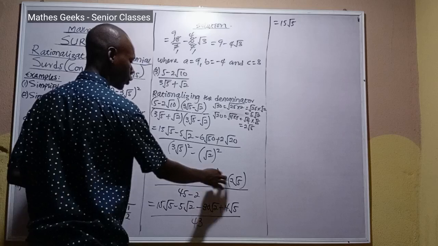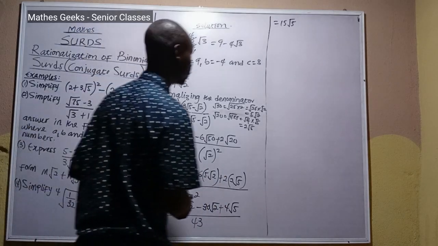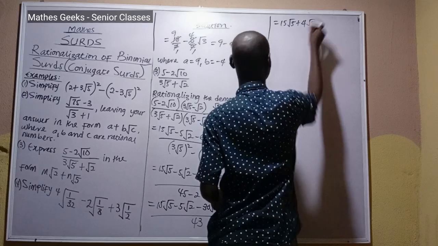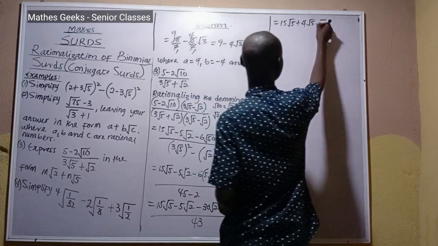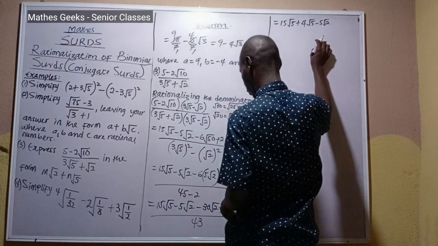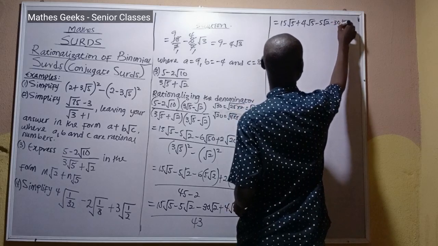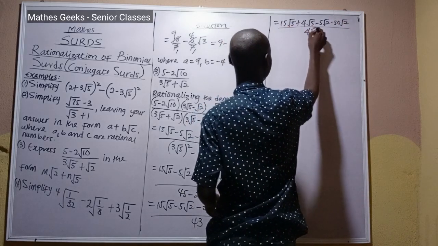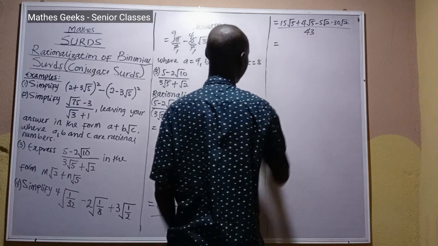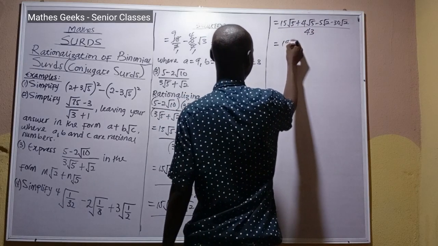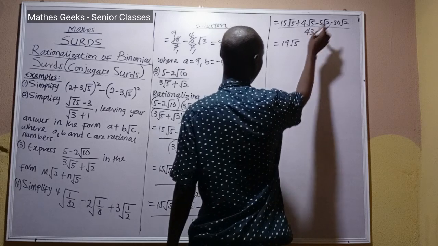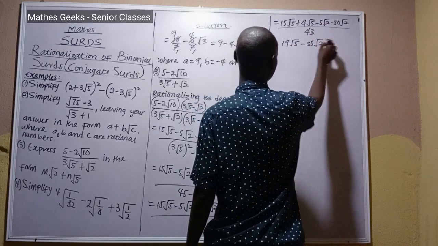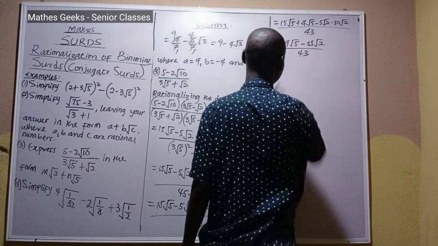So 15 root 5 plus 4 root 5 minus 5 root 2 minus 30 root 2 over 43, and that will give us 15 root 5 plus 4 root 5 is 19 root 5, minus 5 root 2 minus 30 root 2 will give us minus 35 root 2 over 43.